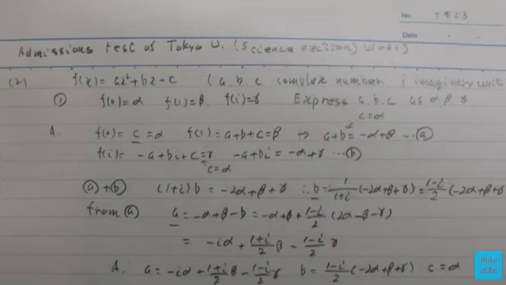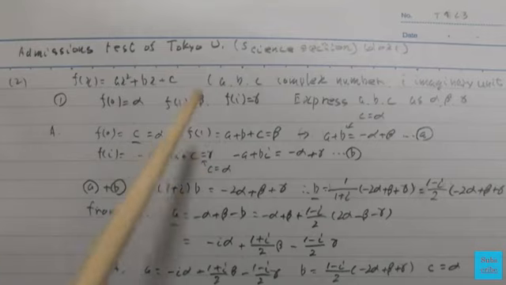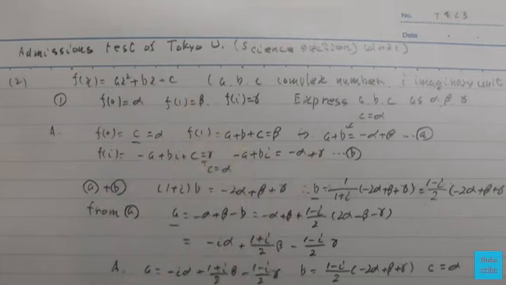Next, take x equal to i. Then minus a plus bi plus c equals gamma, so minus a plus bi equals minus alpha plus gamma.